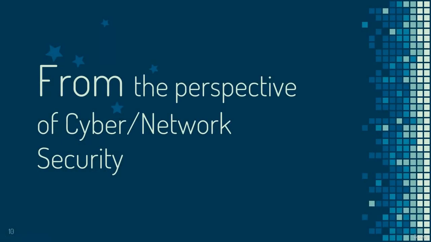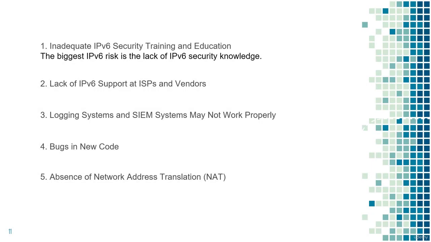This slide talks about IPv6 from the perspective of cybersecurity or network security. Currently you haven't learned about IPv6 in a lot of detail, so we are not going to discuss all these issues in detail because I don't want you to get confused.